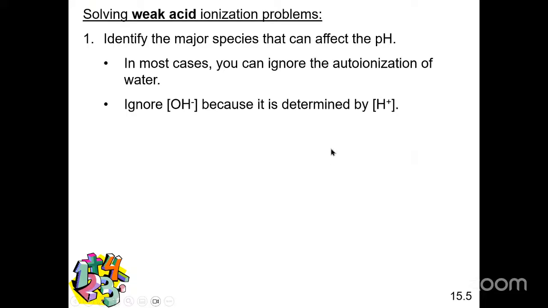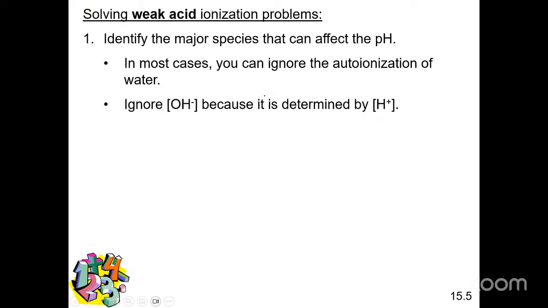Okay, so let's talk about the steps involved in solving problems dealing with weak acids. First, you identify the major species that can affect the pH, which of course would be the acid or the base, which we'll talk about later on. In most cases, you can ignore the contribution of H+ from the auto-ionization of water. And similarly, you can ignore the concentration of OH- because it is determined by the concentration of H+.